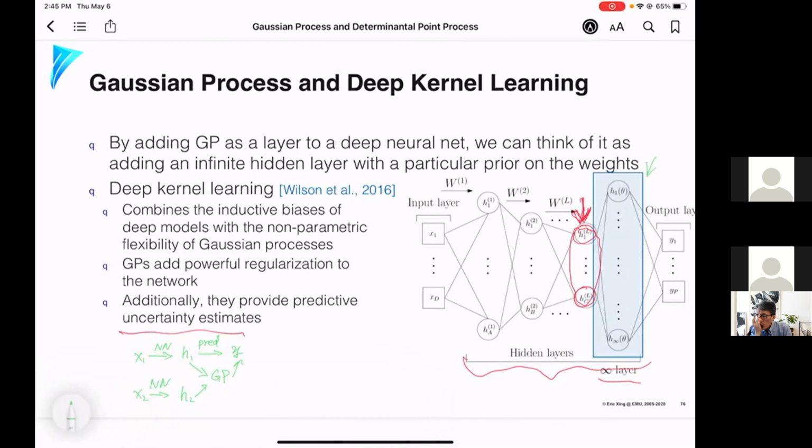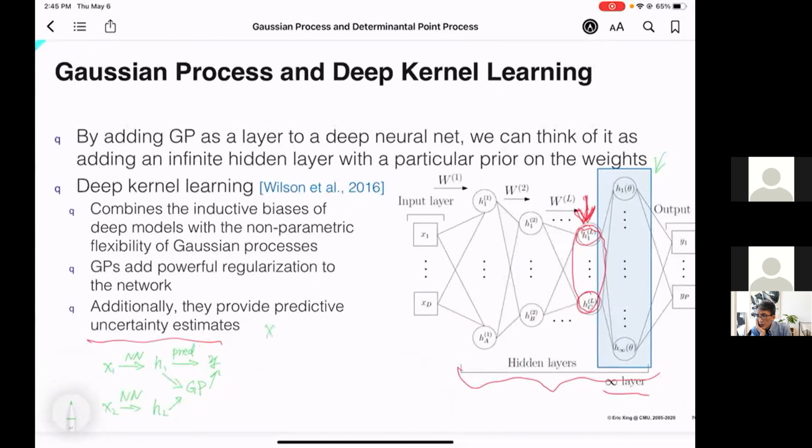I still don't understand what it means that you feed H1 to a Gaussian process and get Y. What does it mean? It's like when we do prediction, right? Suppose we have x1 to xn in our data set, and we want to make a prediction for xn plus 1. This is the train, and this is the test. What we're going to do is plug all of h1 to hn and hn plus 1 into the Gaussian process, and compute the covariance between them.